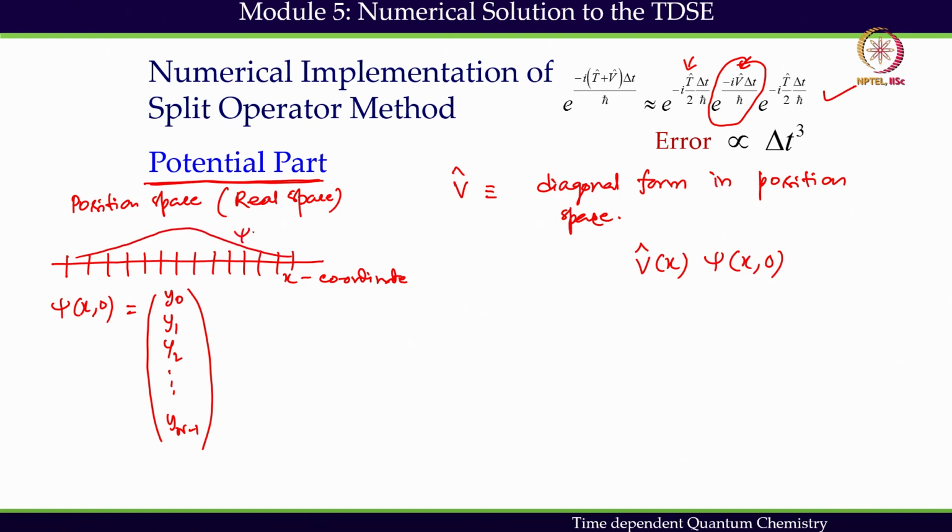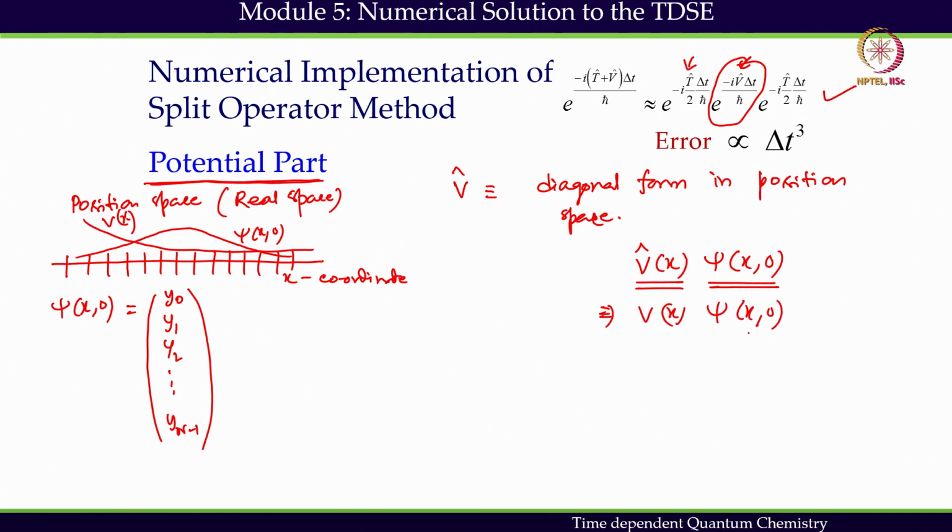This is your psi(x0), and let's say I have a potential like this. This is V(x). The potential operator is nothing but a multiplication operator. So this is nothing but V(x) psi(x0).